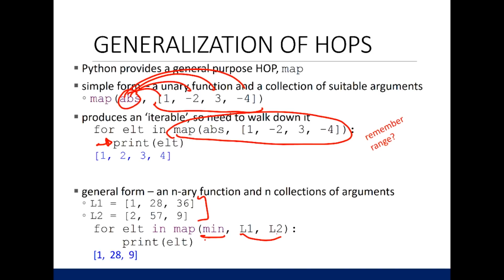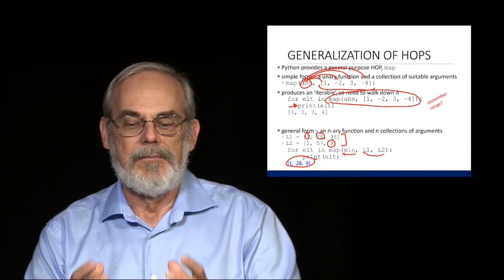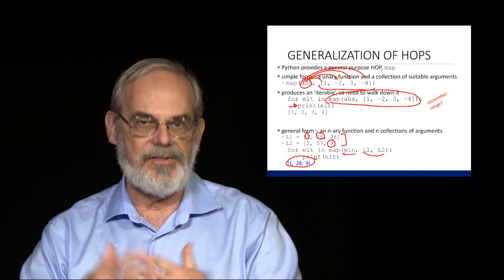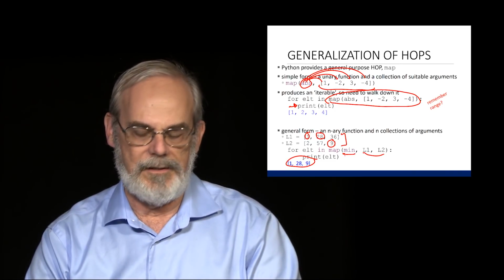And in this case, it's giving me the minimum of the 2 lists in each place, as you can see here. There's the minimum, there's the minimum, there's the minimum. And it reduces for me something that has that particular structure. Map, a very nice generalization about thinking about using functions just as if they were objects that can be applied in appropriate places.